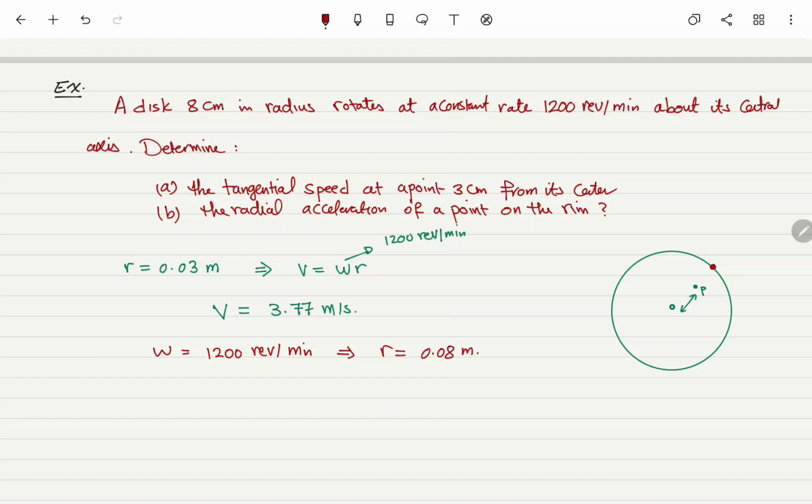Before going through this, we have to convert revolutions per minute into rad per second, which is equal to 126 rad per second, and a equal to omega squared R, or almost 1200, almost 60 meter per second squared.